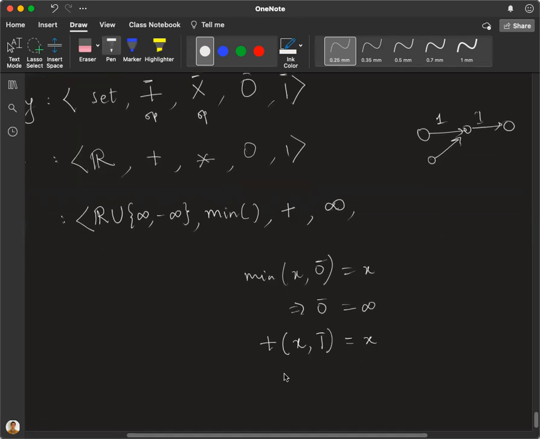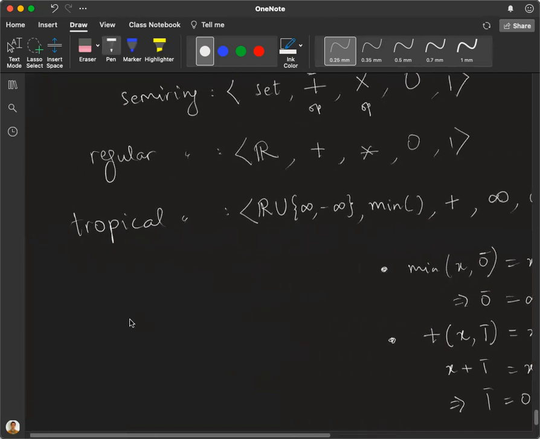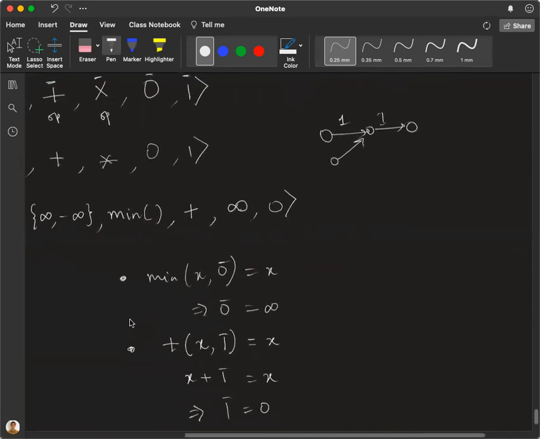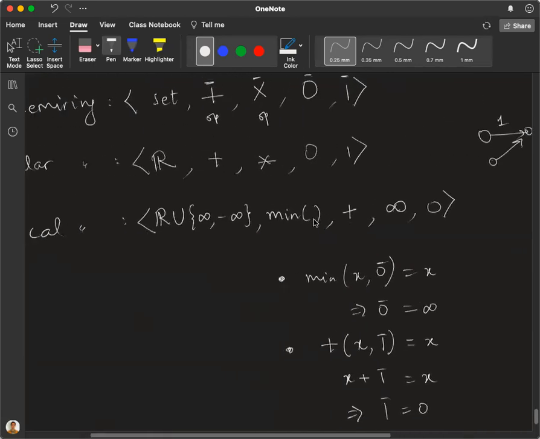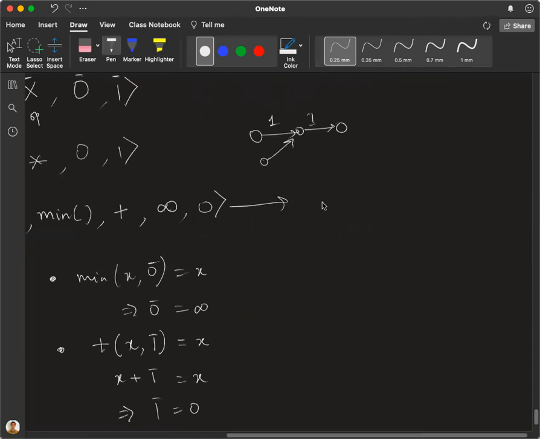Or in other words, x plus 1 bar should be equal to x. What is your 1 bar then? This implies 1 bar equals 0. This is your tropical semiring, which is basically used for Viterbi decoding when you have negative log likelihoods as your weights.